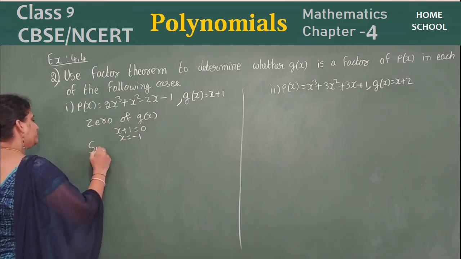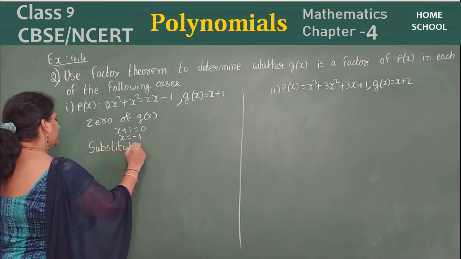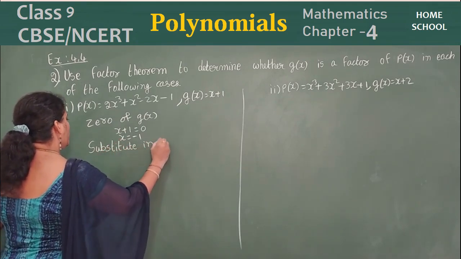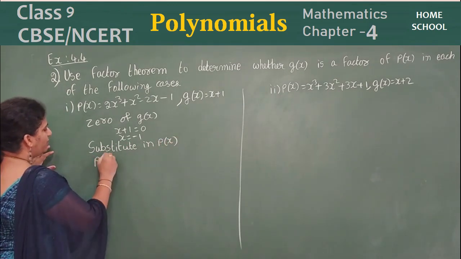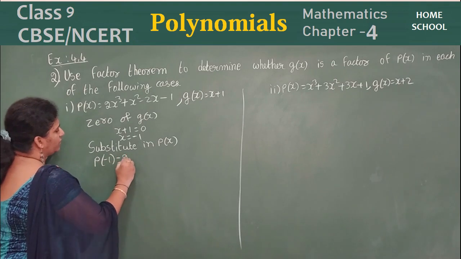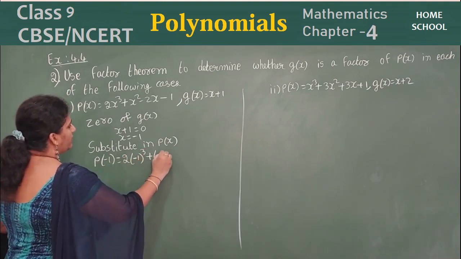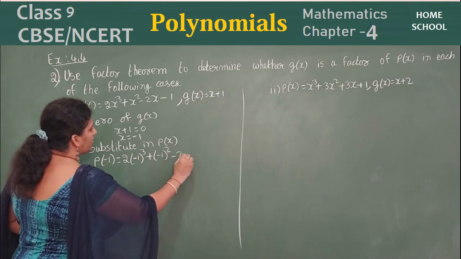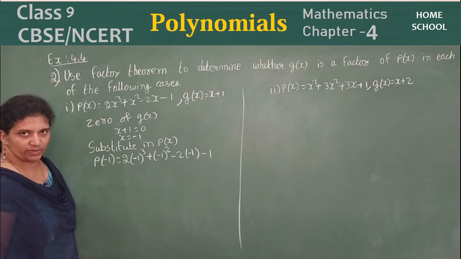Substitute in p of x, that is p of minus 1 equal to 2 into minus 1 whole cube plus minus 1 whole square minus 2 into minus 1 minus 1.